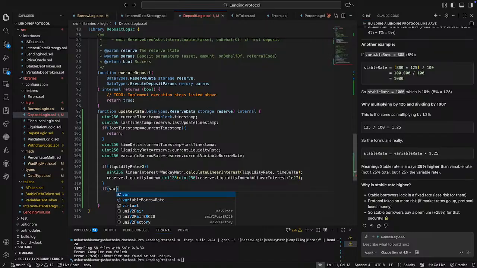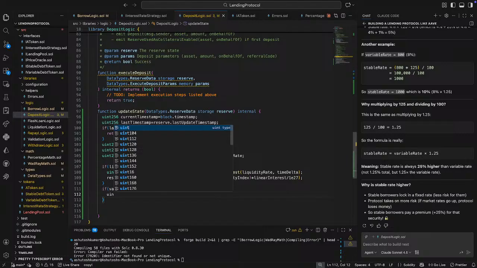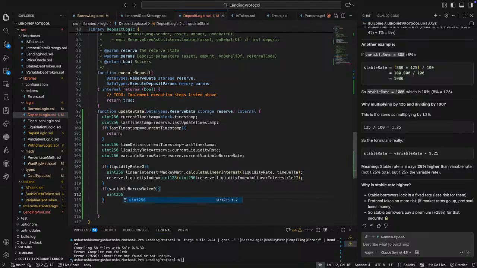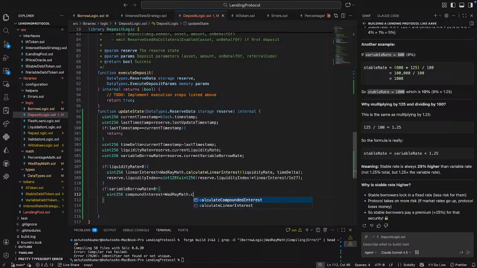If variable borrow rate is greater than 0, then we just have to uint256 compound interest is WadRayMath dot calculate compound interest.